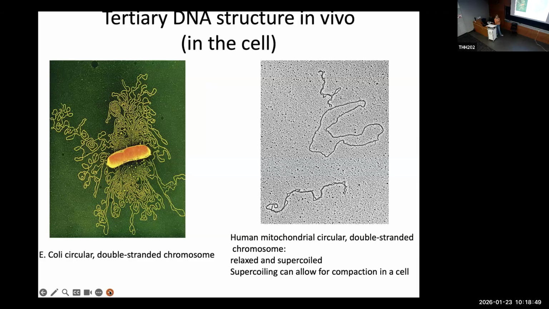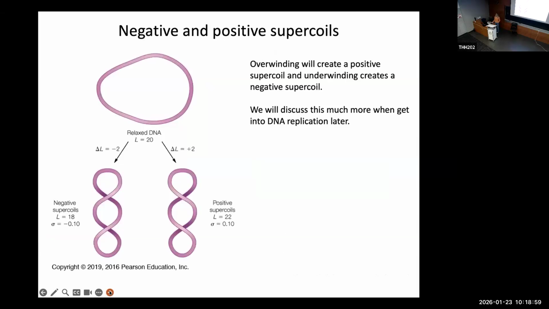And that is useful for compacting the DNA into a nucleus. That's supercoiled DNA. This is a relaxed circular DNA. And this is sort of what it looks like in cartoon form. So this would be a double-stranded, relaxed circular piece of DNA. And this is supercoiling. It's the whole molecule flipped over on itself.